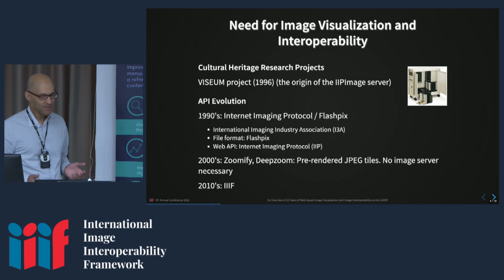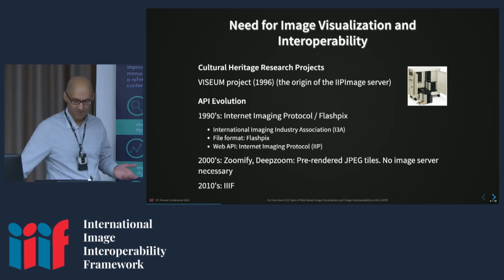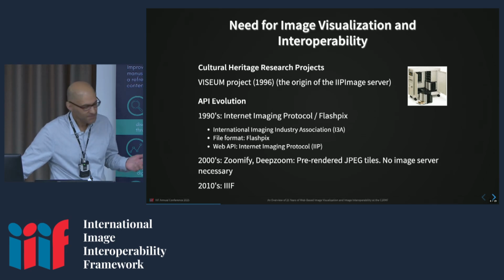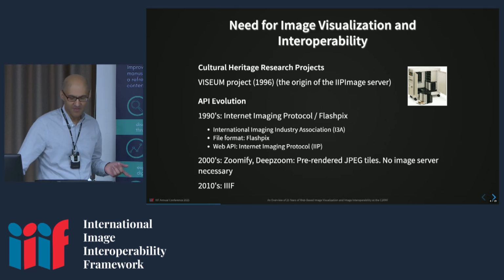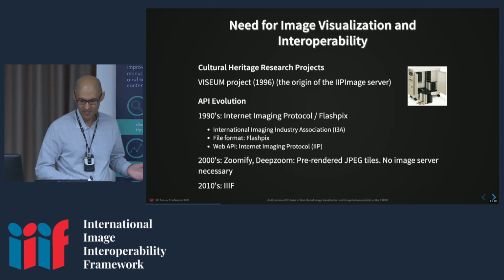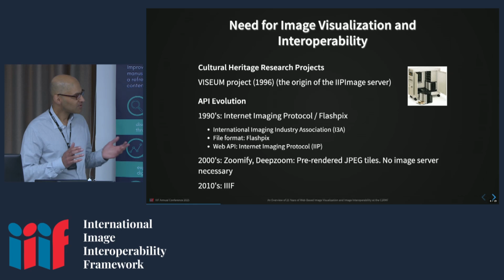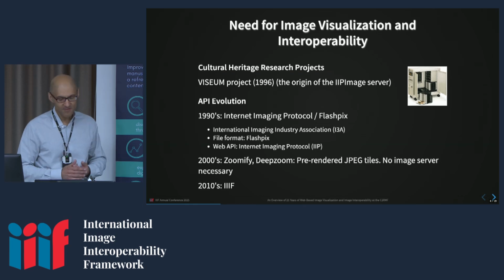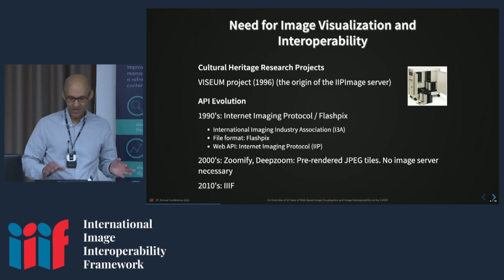In terms of APIs, this has evolved obviously with time. So IIP Image adopted this thing called the Internet Imaging Protocol, which was actually developed by an association called the International Imaging Industry Association, which involved Kodak, it involved HP, and a number of other major companies at the time.